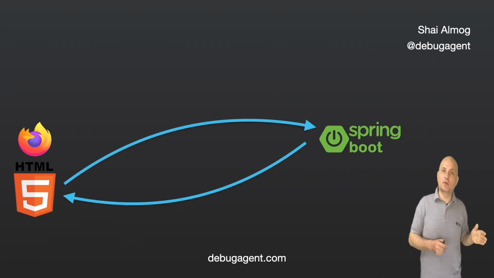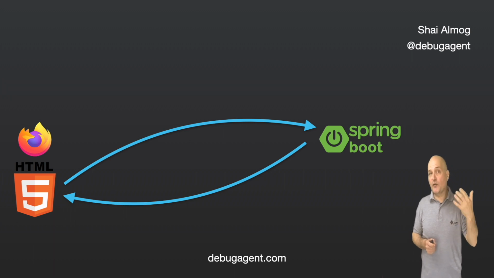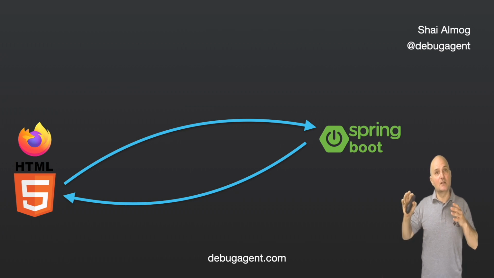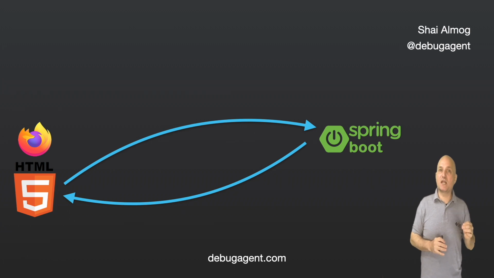The HTML is now running on the browser, and the JavaScript within that HTML page starts sending small web service requests. These requests return JSON instead of the full HTML. That means we can make small updates to the page instead of fetching the entire thing.